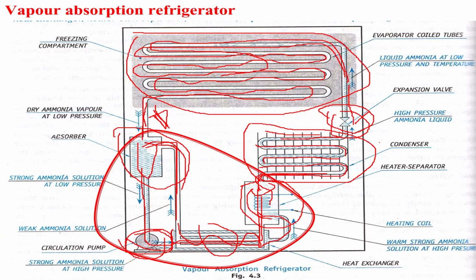The vapor coming out in the condenser rejects heat to the atmosphere, becomes liquid, and the liquid ammonia is taken into the expansion valve, where it expands to low temperature, low pressure, and is taken into the evaporator, and the cycle continues. This is how the vapor absorption refrigeration system works. I hope you understand.